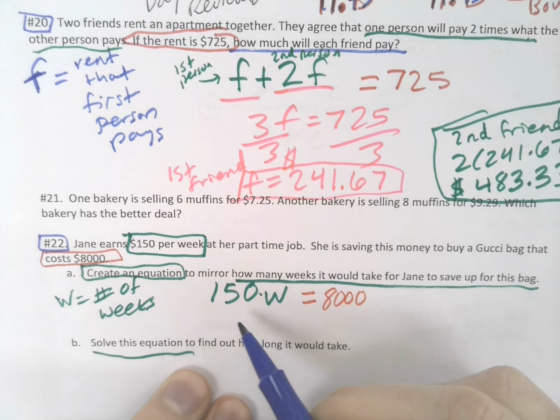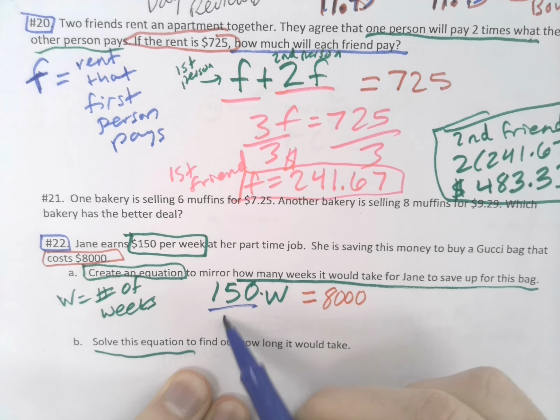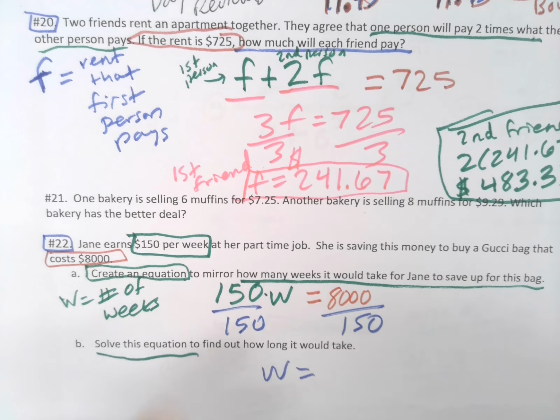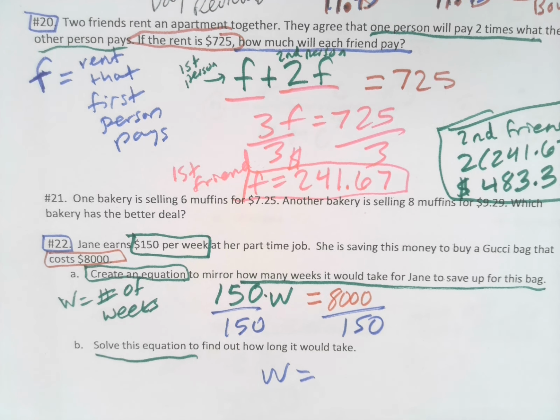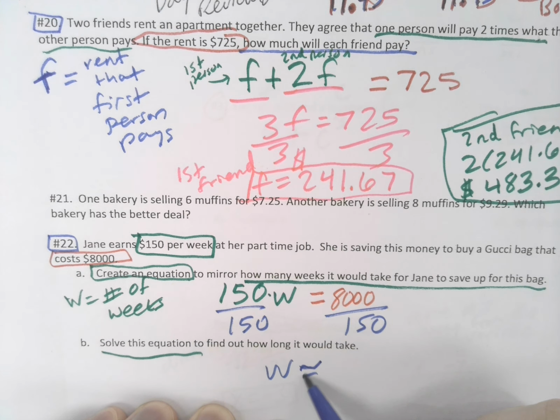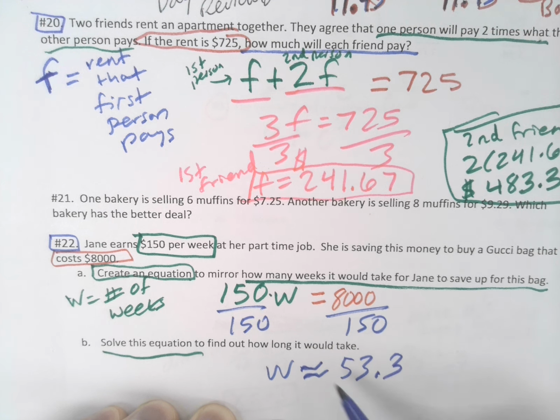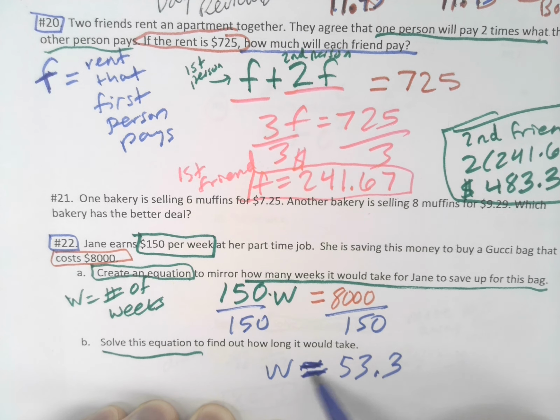So if you have 150 being multiplied to W, you can divide by 150. And it is going to take 8,000 divided by 150. It's going to take, now be careful here, 53.3 repeating.